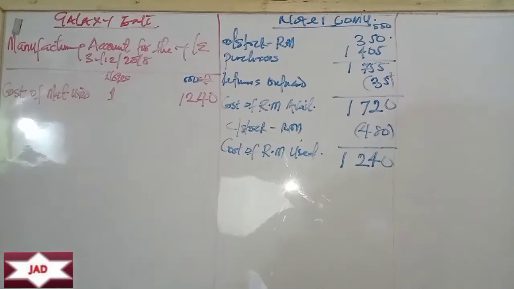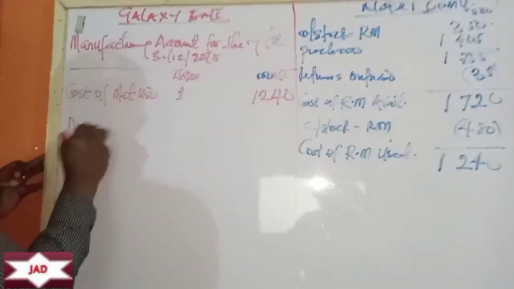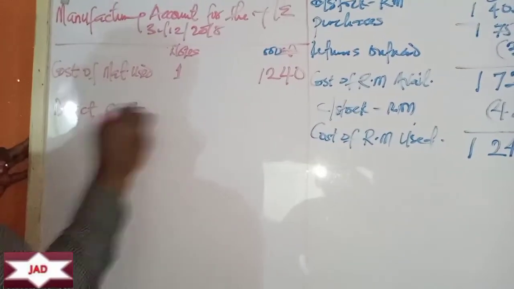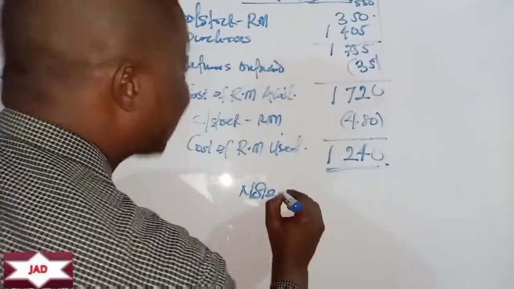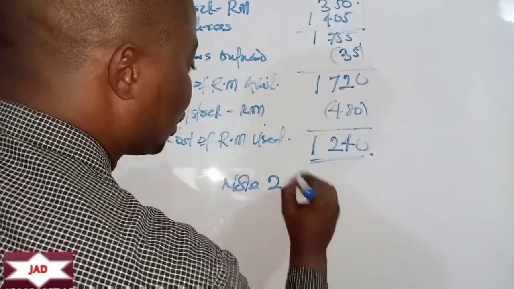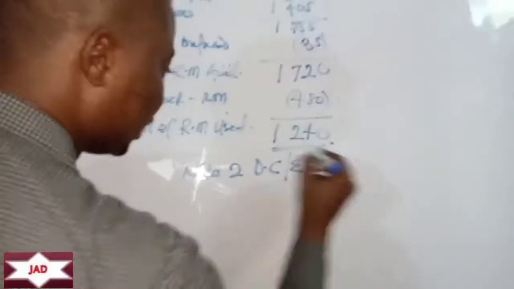So we have direct cost or direct labor. Let's call it note 2. Here we're trying to gather all the costs, direct cost or direct expense or direct labor.